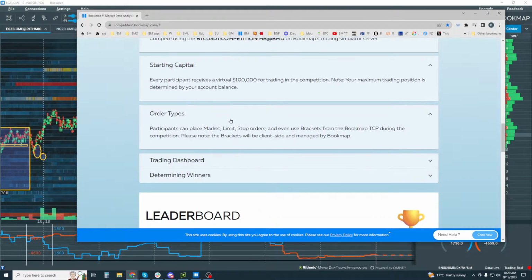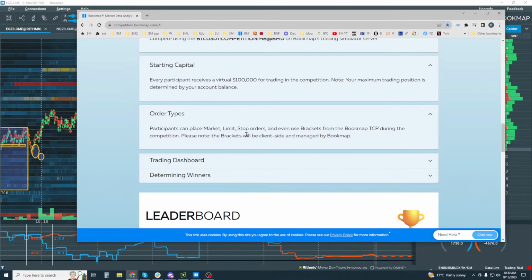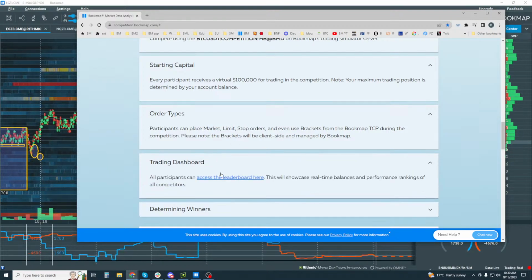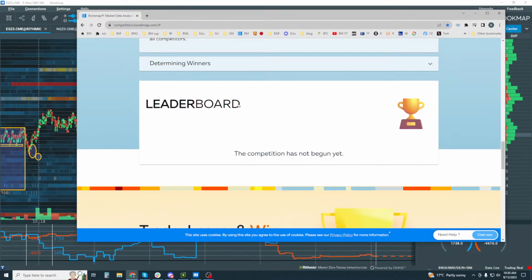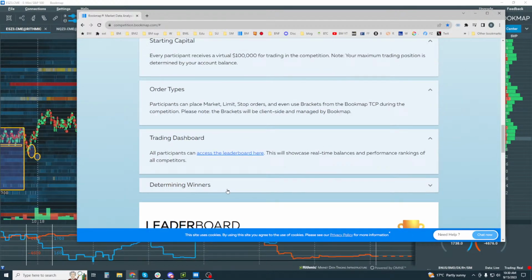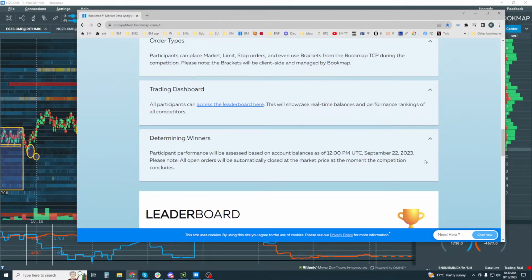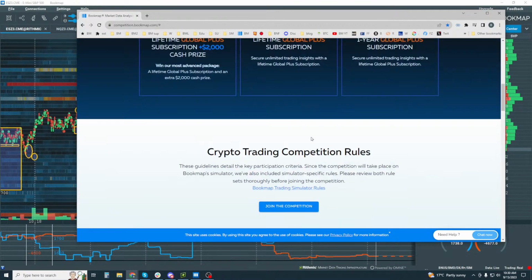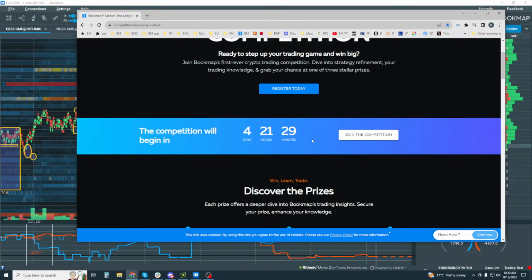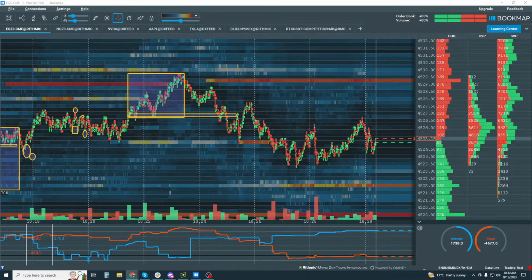You can place market, limit and stop orders. There will be a trading dashboard down below here. It hasn't begun, so you don't see it, but there's a leaderboard here, and this is about determining the winners.